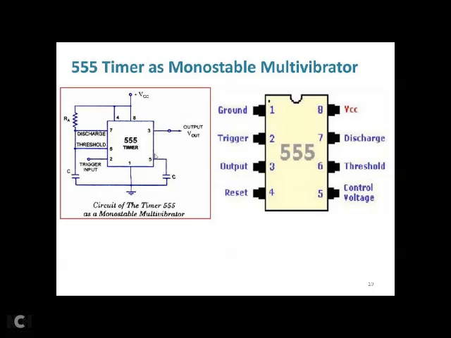Usually in monostable mode we won't use that, and it is connected to ground through a capacitor, in order to filter spike noises. So pin number 5 goes to ground through a capacitor because we are not using the control voltage, right? And the triggering input is at pin number 2, and then the output. That's it. So let's take this monostable multivibrator in detail.